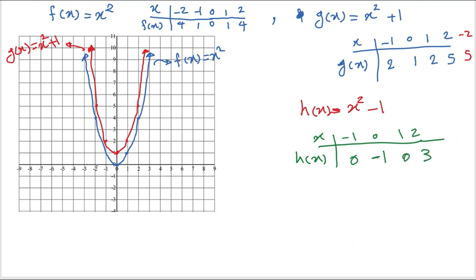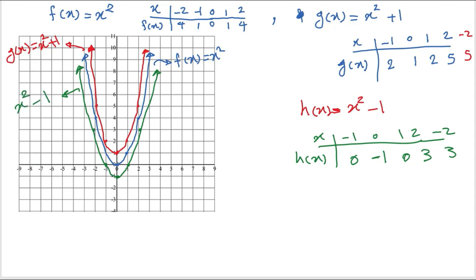So negative 1 and 0 is here, 0 and negative 1 is right here, 1 and 0 right here, 2 and 3 is right here. These graphs are not very exact. And negative 2, 4 minus 1, again 3, negative 2 and 3. So if I graph it, I will have something similar to this, approximately. So this is x squared minus 1.